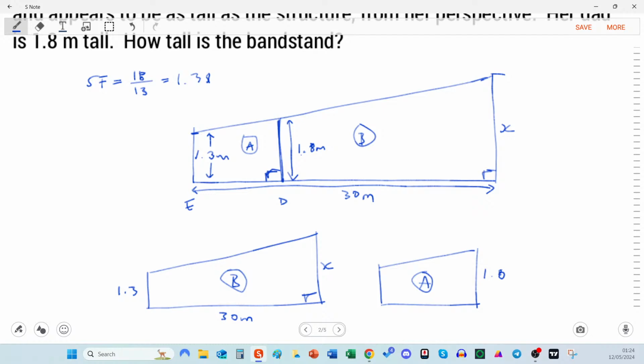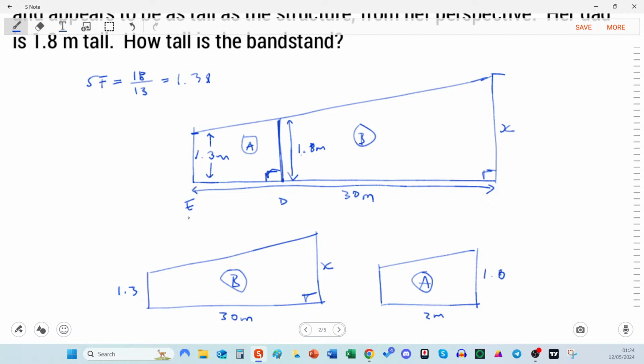And how far away is it? I think we're missing that information I didn't write on there. It's 2 meters away, isn't it? So that's 2 meters. And that's kind of useful, I suppose, in a sense. We want to know how much further it goes along.